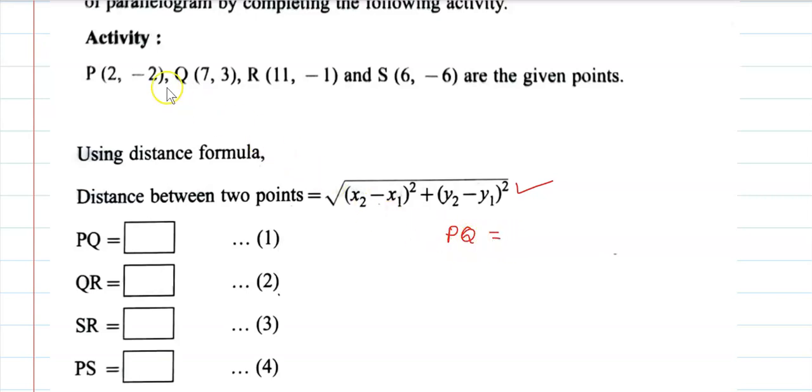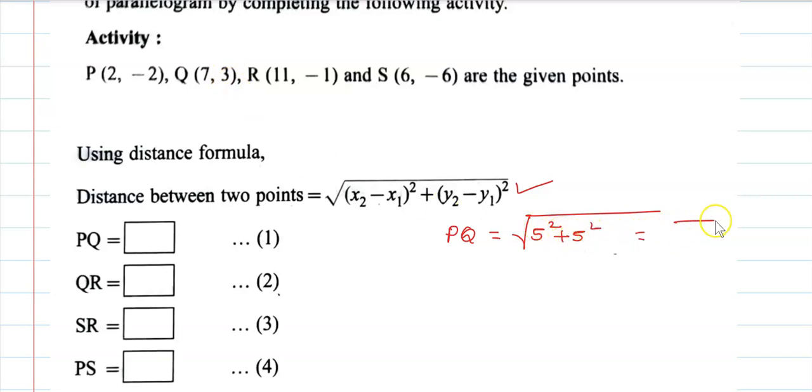square root of (x2 minus x1) squared, that is 7 minus 2, so 5 squared. Next, y2 minus y1, 3 minus (minus 2), and that becomes plus, again 5 squared.